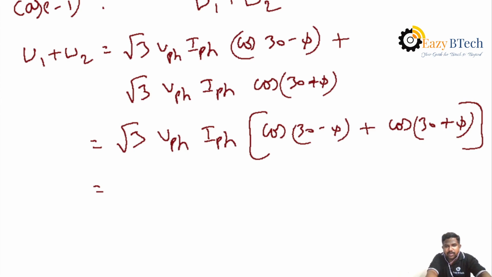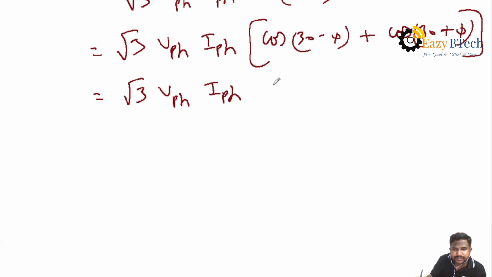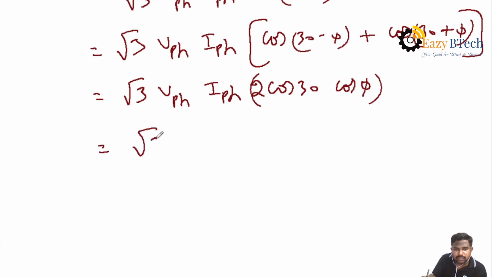Okay, what is the formation here? In the bracket term, we have cos of A minus B plus cos of A plus B. The formula is 2 cos A cos B. That is root 3 VPH IPH, then 2 into cos A cos B. We know the value of cos 30 is root 3 by 2.